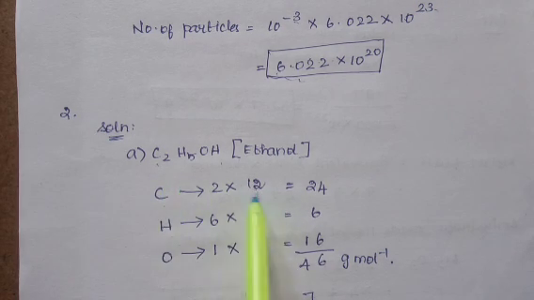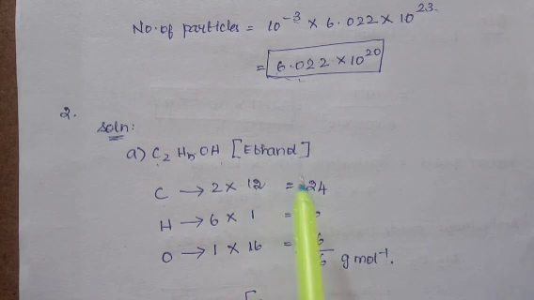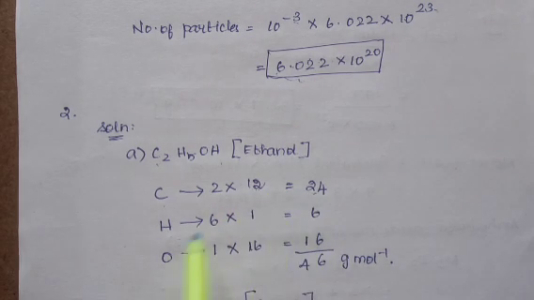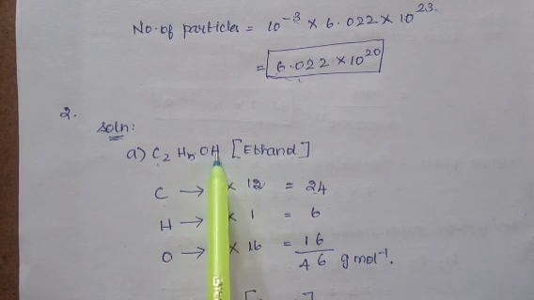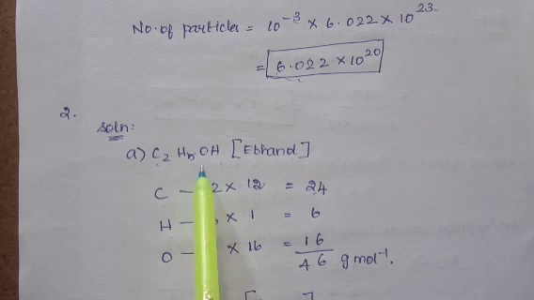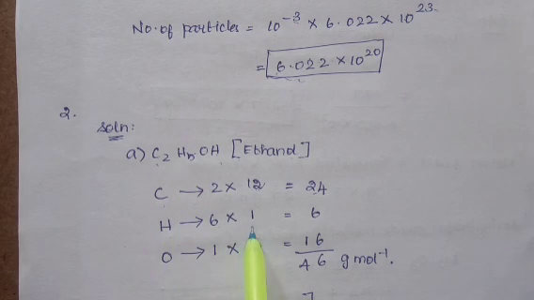The atomic mass of C is 12, so 2 twelves are 24. Next, H gives 6: here 5, here 1, plus 1 is 6. So 6 into the atomic mass of H, 1, is equal to 6. Then oxygen, they have given 1, so 1 into the atomic mass of oxygen, 16. By adding these we get 46 gram mole power minus 1.